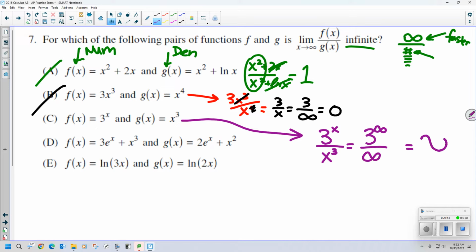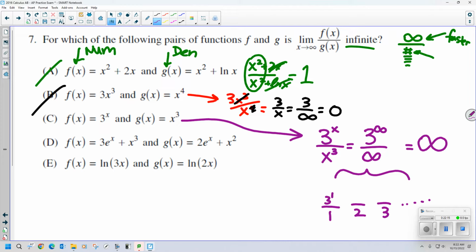This will approach infinity. If you are unsure why that approaches infinity, start throwing in numbers for infinity starting at 1 and going up. The bottom is 1, then it goes to 2, then it goes to 3, forever. The top is 3 to the power of 1, which is 3.